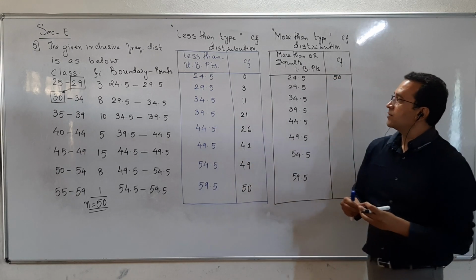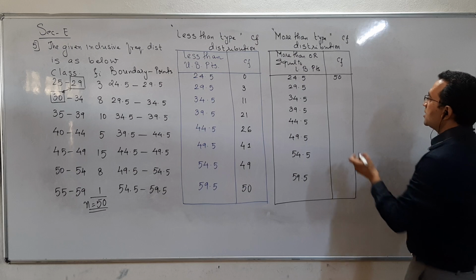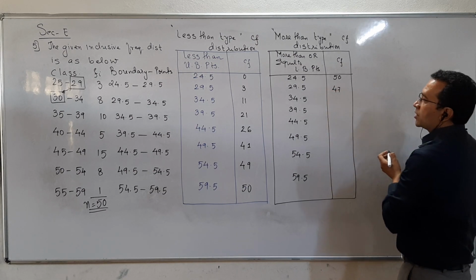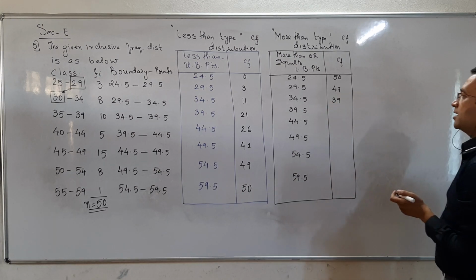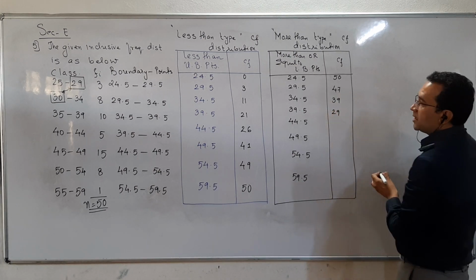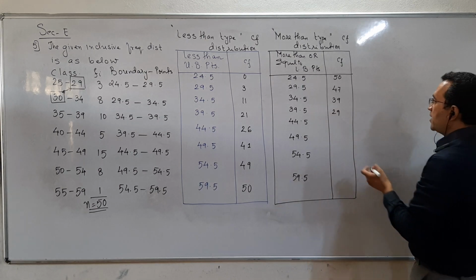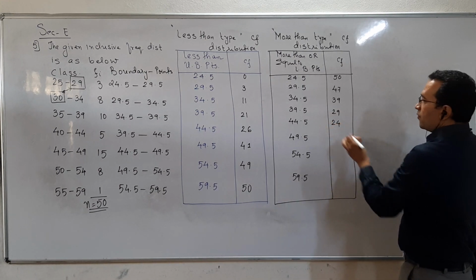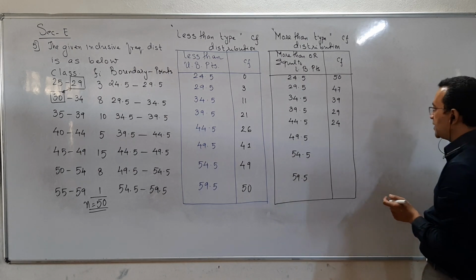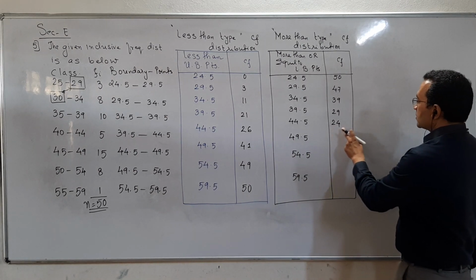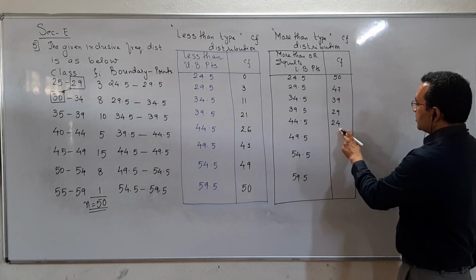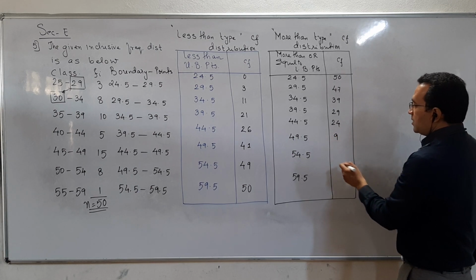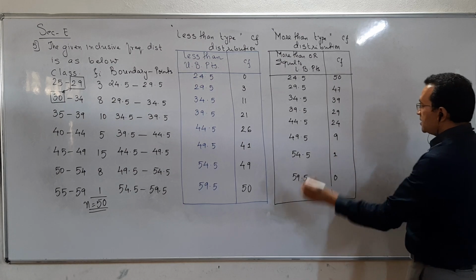Go on reducing by the frequencies: 50 minus 3 is 47, 47 minus 8 is 39, 39 minus 10 is 29, 29 minus 5 is 24, 24 minus 15 is 9, 9 minus 8 is 1, and 1 minus 1 is 0.